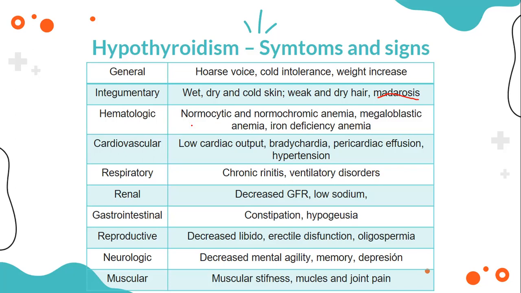So the iron related to the reserves of the body increases, because it cannot go out of the cell, and it cannot reach the bone marrow, so there's little iron left to create new red blood cells. However, the red blood cells that are formed are actually normal. So that's why we have a normocytic and normochromic anemia.